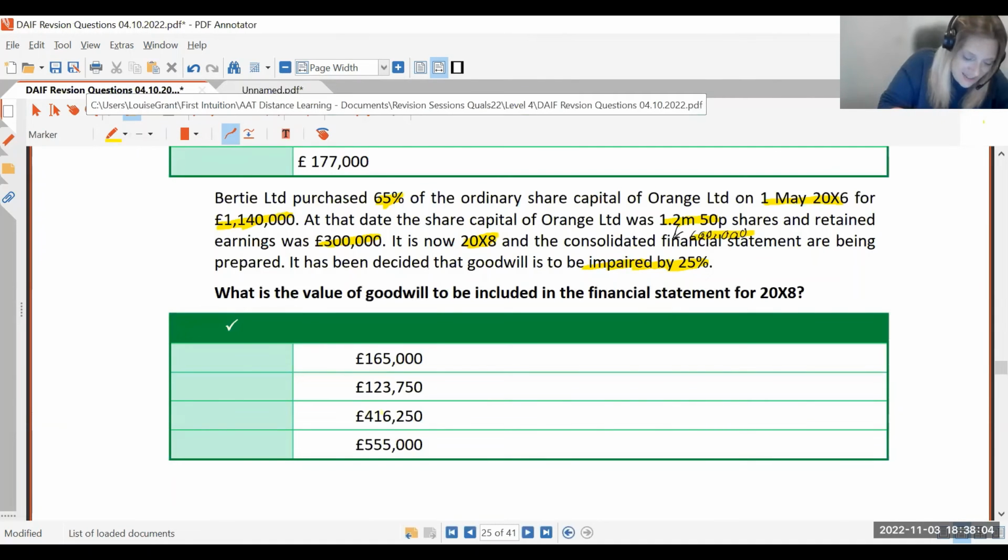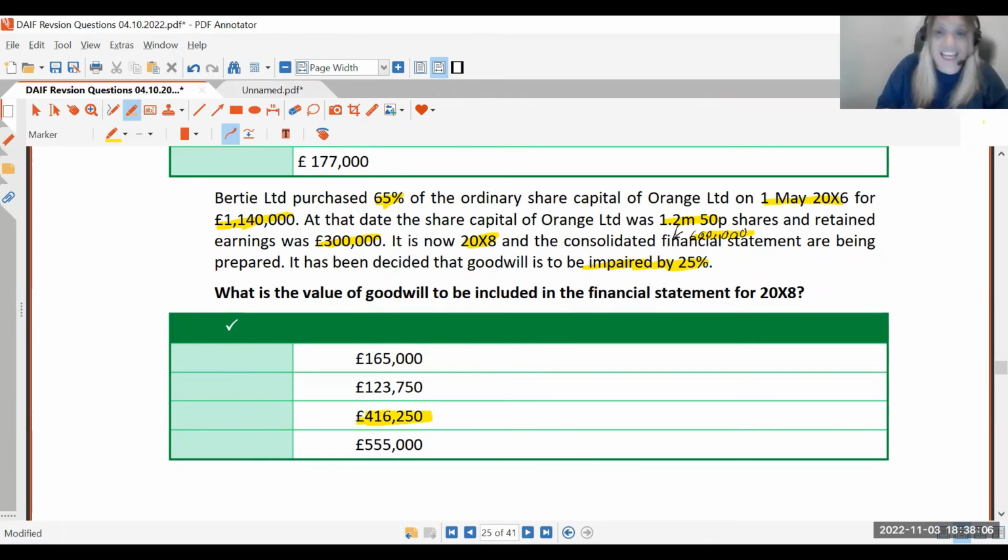And that's our answer here. It's just a matter of following the process. So your cost of investment, add your NCI acquisition, which will be your share capital and retained earnings, times by the amount held by the non-controlling interest. Less the net assets at the date of acquisition.